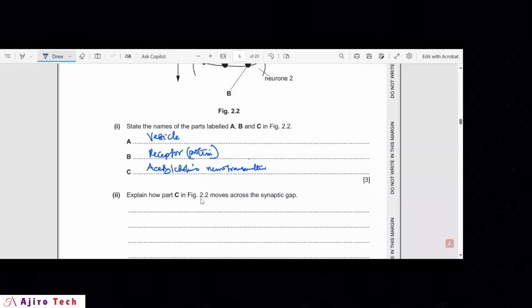We explain how part C in the figure moves across the synaptic gap. It diffuses, right?